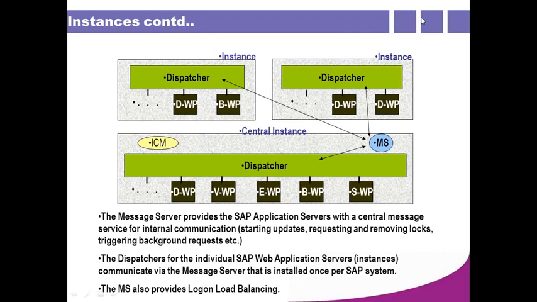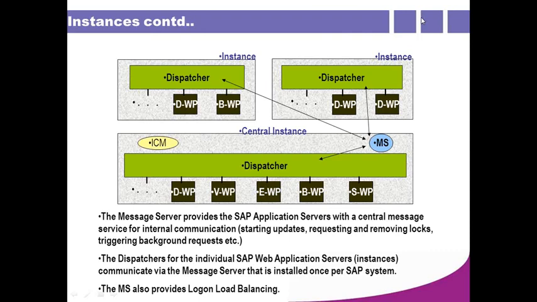Okay, good answer. But if I combined all 3 into 1, then it will become 1. If in a big rectangle I drew all these 3 together, it will become 1 instance. Yes, exactly, the number of dispatchers. How many dispatchers you are seeing, that will be the count of instances. So you are seeing 3.